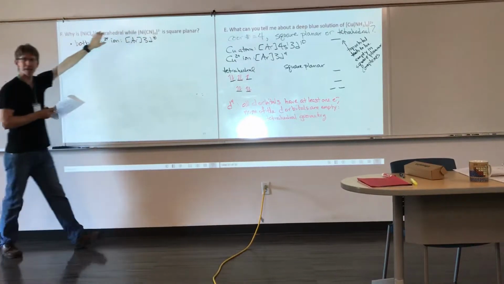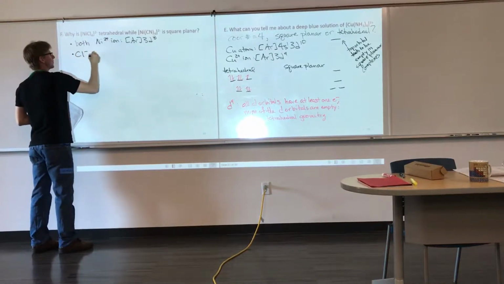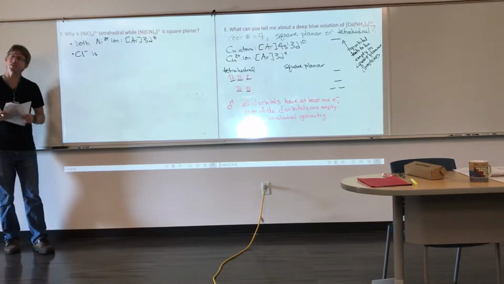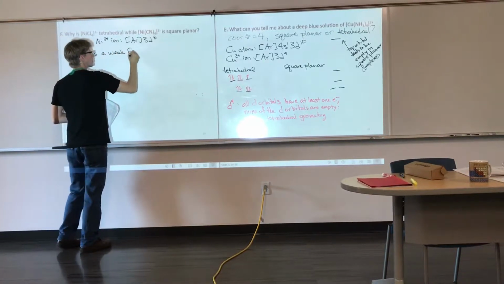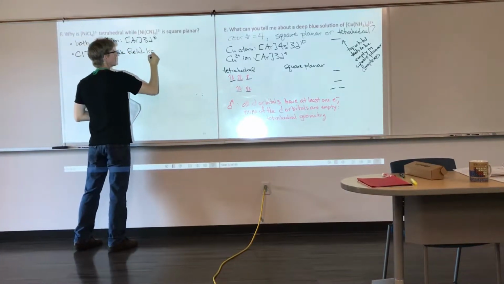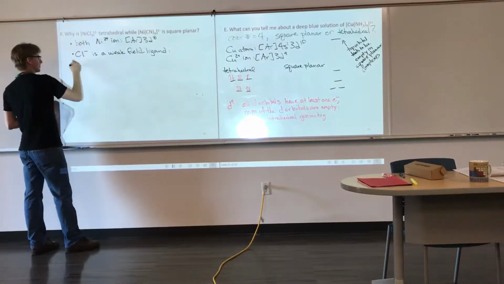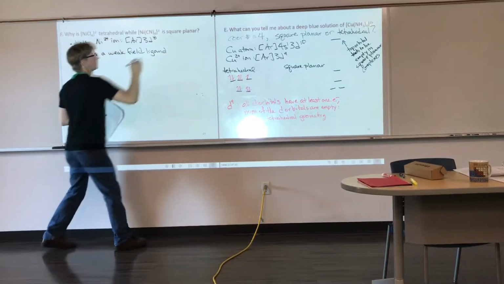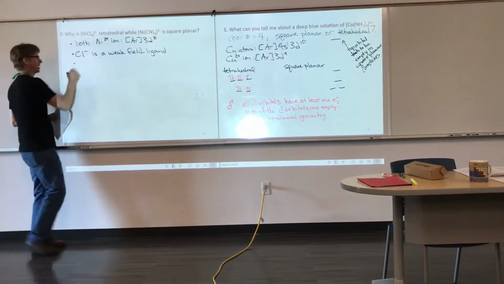If you come back to your spectrochemical series, Cl- is a weak field ligand, and cyanide is a strong field ligand.